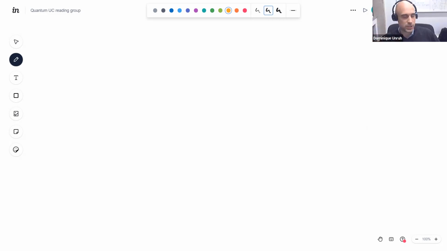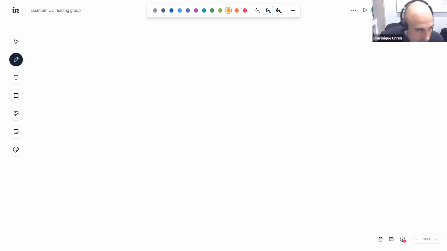And depending how much time this takes, I will also talk about everlasting security, which is a middle ground between computational and statistical security. I have planned this quite freely. I don't have slides. I just have the board. So I'm very flexible to answering questions and to focus on things that are of interest to the audience.